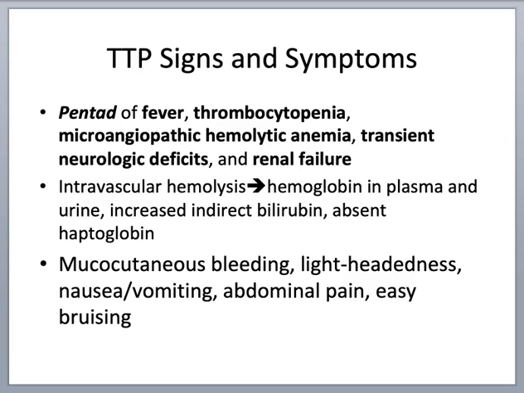Intravascular hemolysis can be detected in the lab by hemoglobin in the plasma or urine. There's an increase in the indirect bilirubin, and haptoglobin, which functions to bind free hemoglobin, is absent. Patients present with mucocutaneous bleeding, lightheadedness, nausea and vomiting, abdominal pain, and easy bruising.